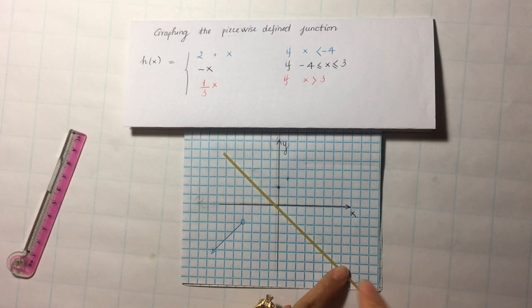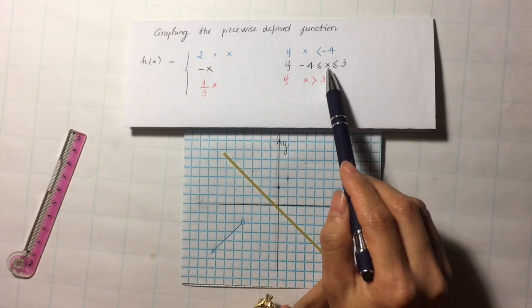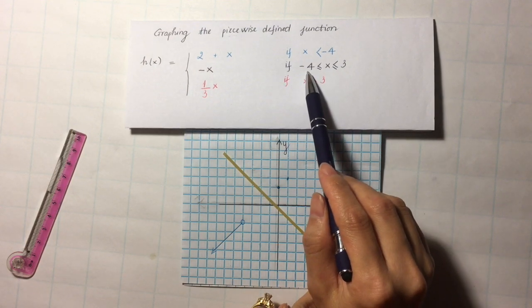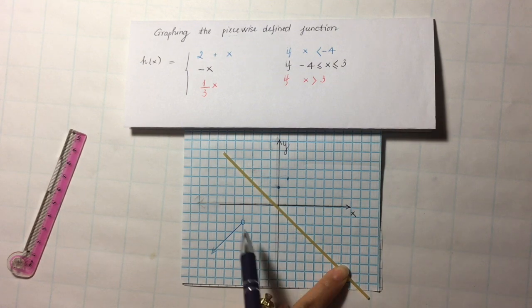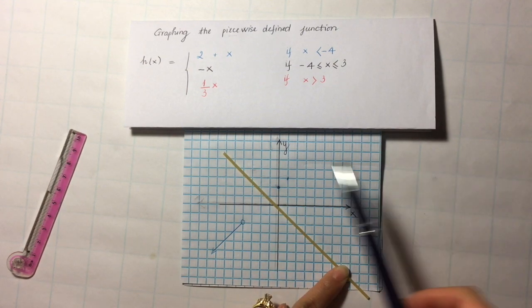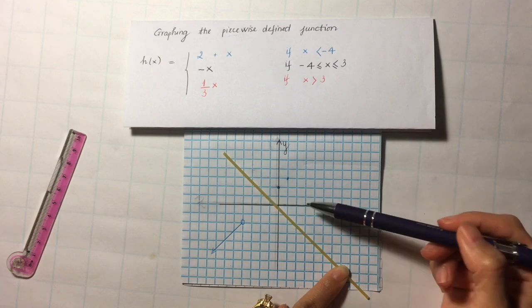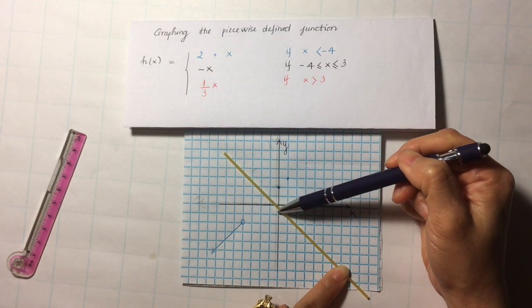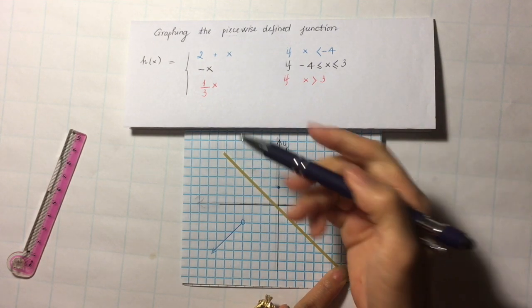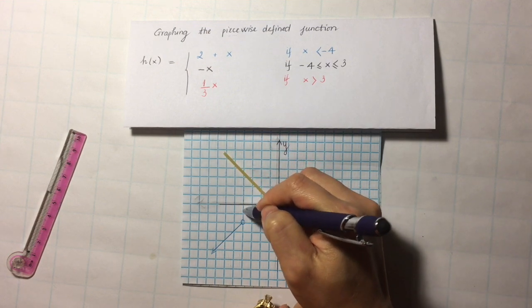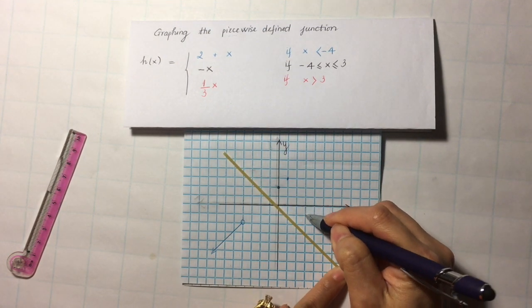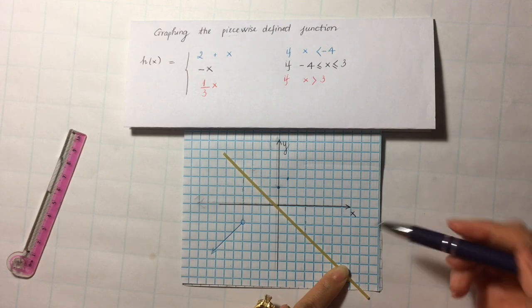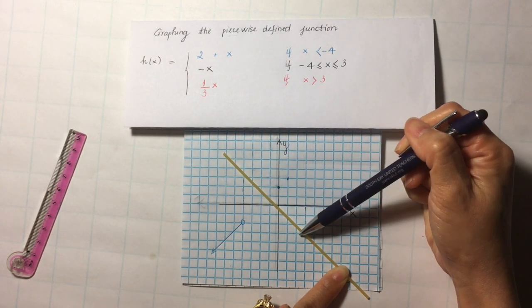Again, we only take the part where x belongs to the closed interval from -4 to 3. Here's -4, and here's 3. We only take the part from here to here.